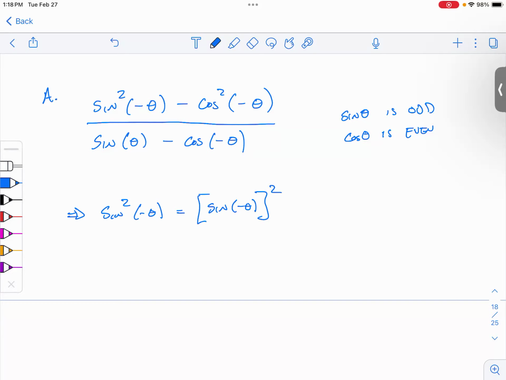This is shorthand notation, putting the squared in between the sine and the angle, but it's actually sine of negative theta quantity squared. So the odd property says that negative comes out front.